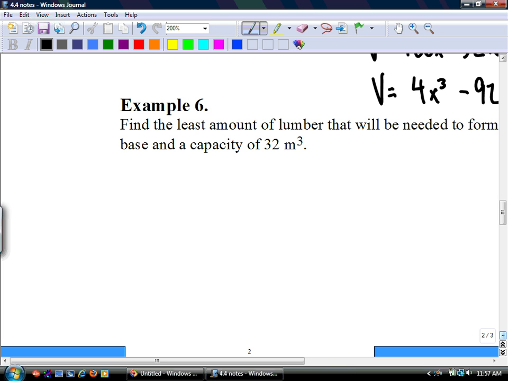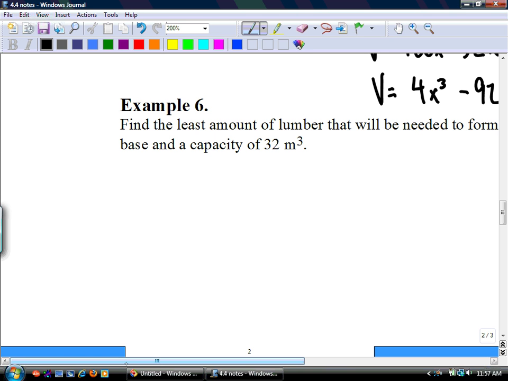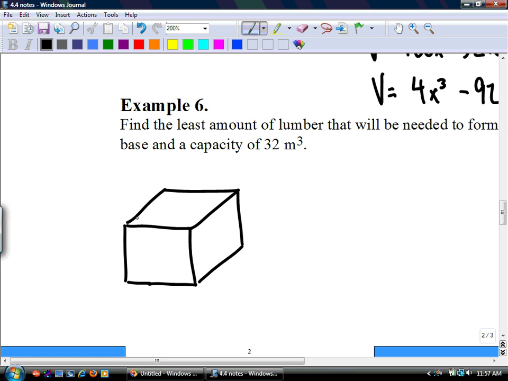Okay, find the least amount of lumber that will be needed to form an open box with a square base and a capacity of 32 cubic meters. So you can all laugh at me and my inability to draw things with square bases. So visualize something that's got a square bottom and a height that isn't the same.